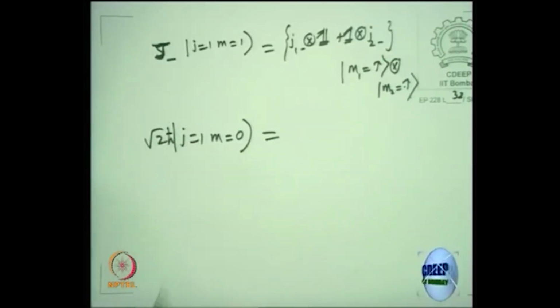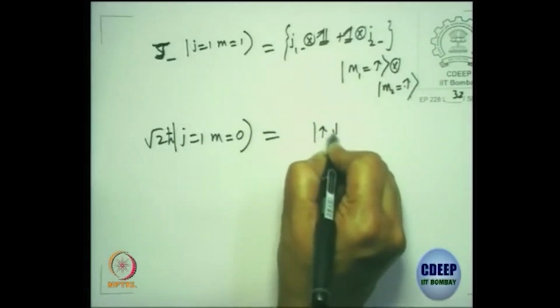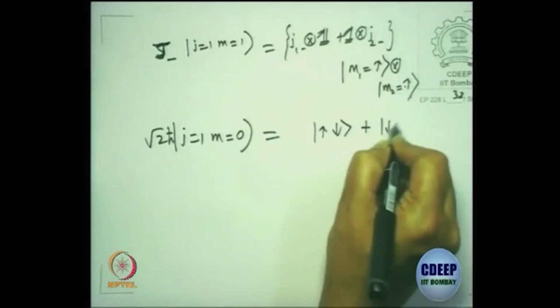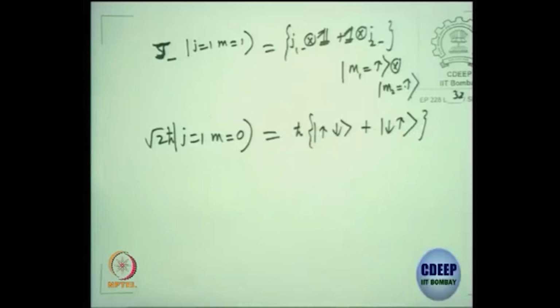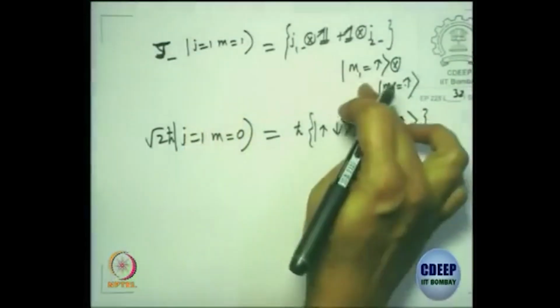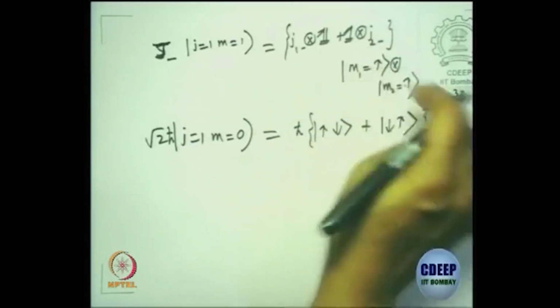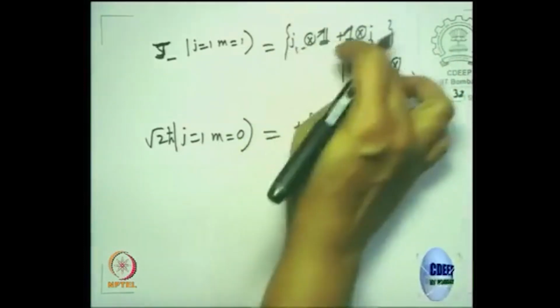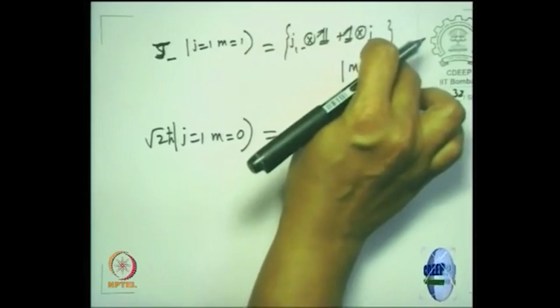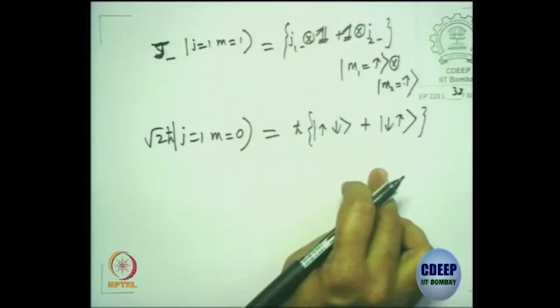And this side is going to be up down plus down up with an h cross. We did this separately. The first one we operated on the state and we got down up. The second one we operated on up up, which gave you up down. But it's a sum of these two operators. You have to take the sum of those two states.